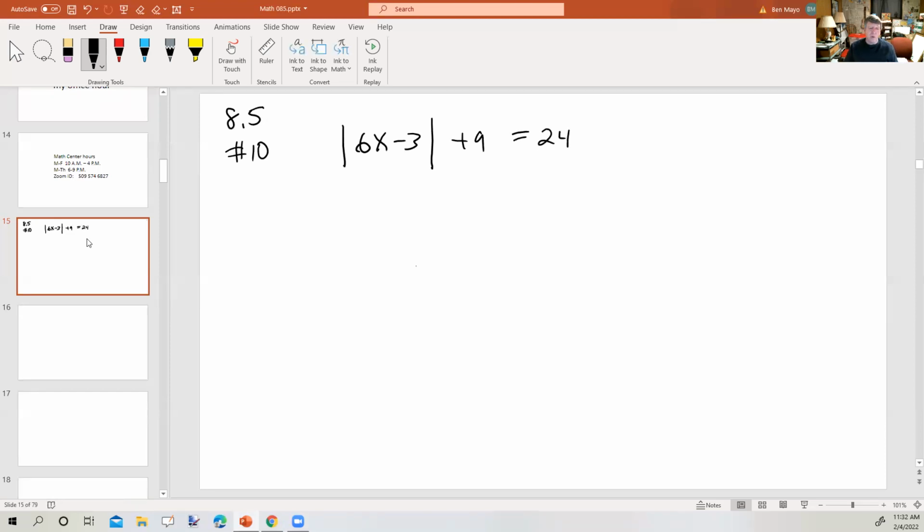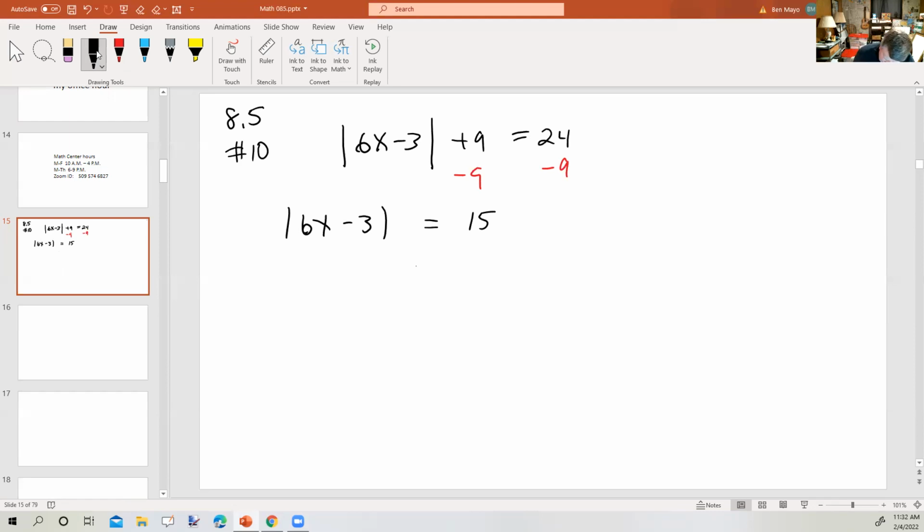So we have an equation containing one absolute value expression. So the first thing we're going to do is isolate that expression by subtracting 9 from both sides of the equation, which gives us the absolute value of 6x minus 3 equals 15.